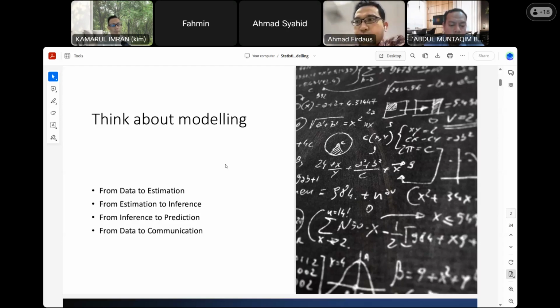For example, if your data contain age values 10, 20, 30, 40 years old, and then I ask you, can you make a prediction for someone aged 35 years old? Because it is not in your data set, we are making prediction using external data, or an external value.